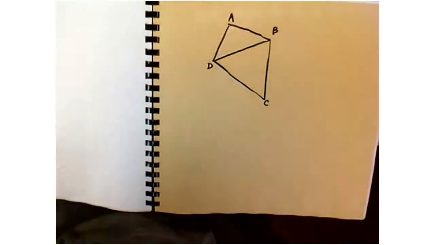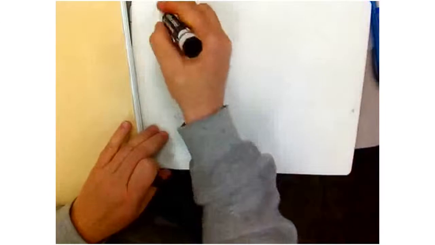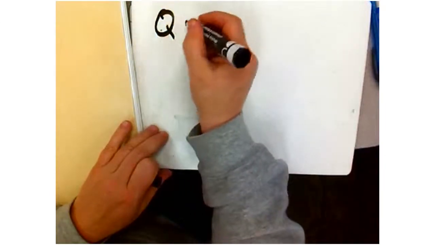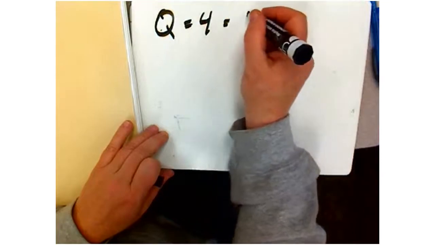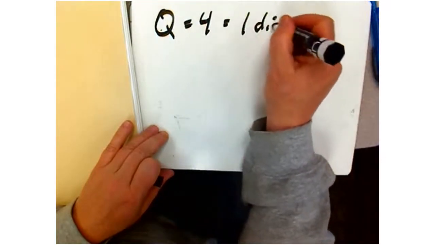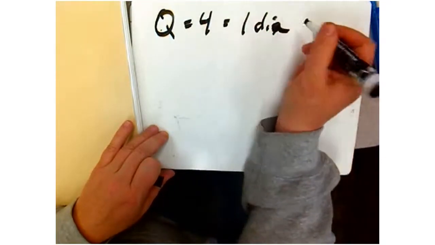So if we make some notes, if we get out our Braille note or whatever, and we say a quadrilateral has four sides, and it has one diagonal coming from each vertex.